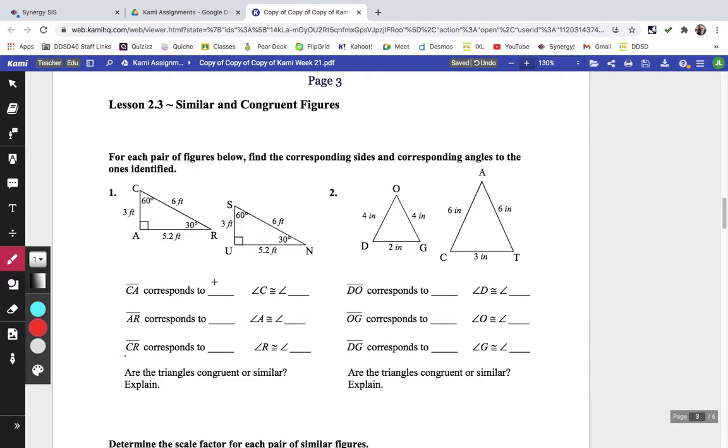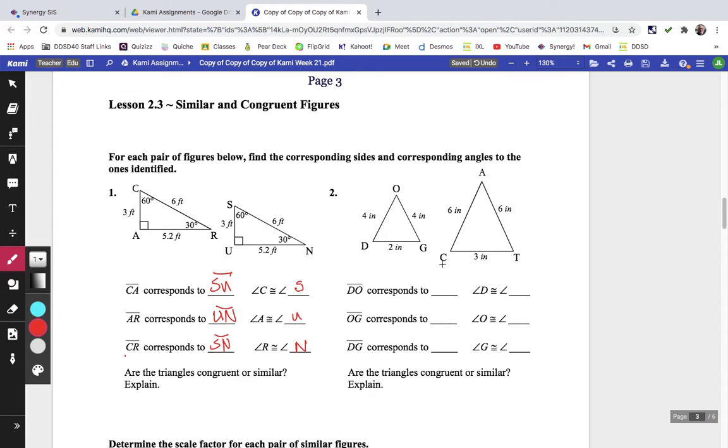CA corresponds to line segment SU, and angle C is congruent to angle S. And AR corresponds to line segment UN, and angle A is congruent to angle U. And CR corresponds to line segment SN. It should be line segment CR corresponds to line segment SN, and angle R corresponds to angle N.